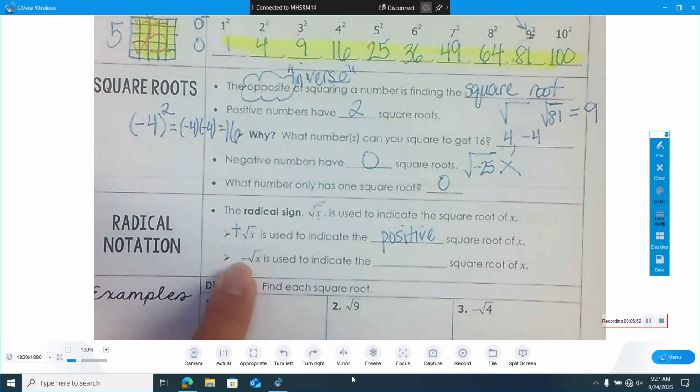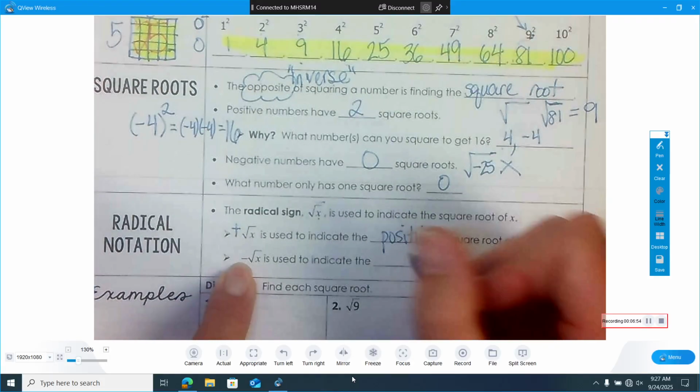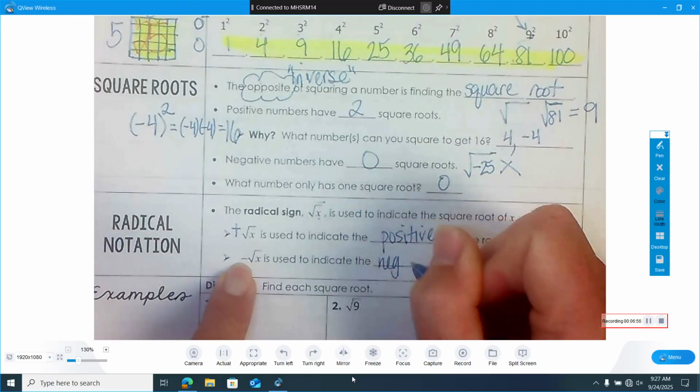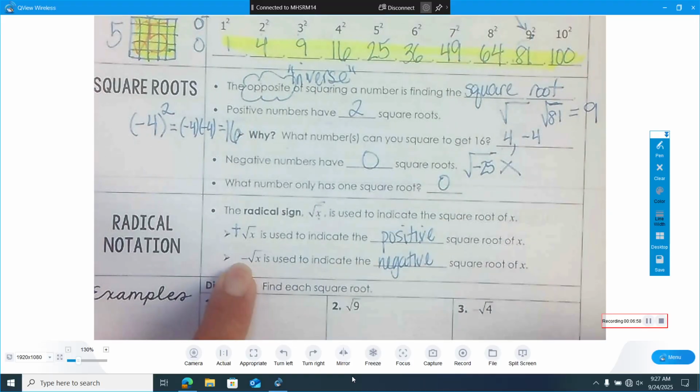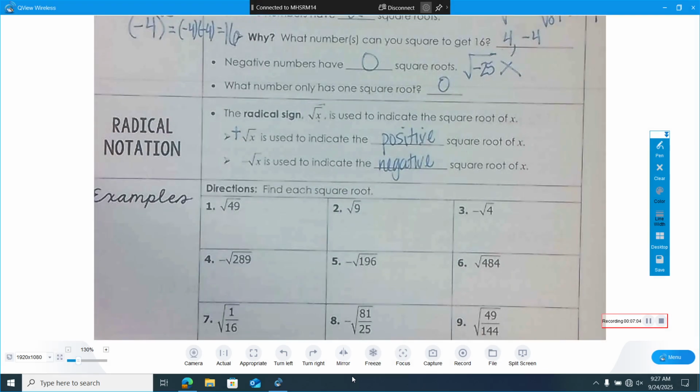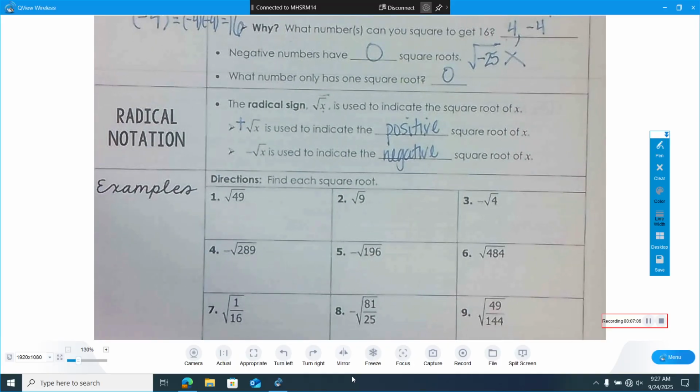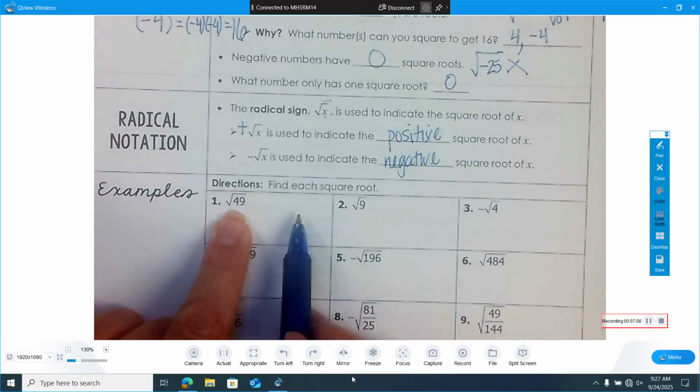And negative square root of x is used to indicate the negative square root of x because there's a negative sign in front of it. So we don't actually have to think about positives and negatives too often. We just want to do what it says. So I want to find each square root.